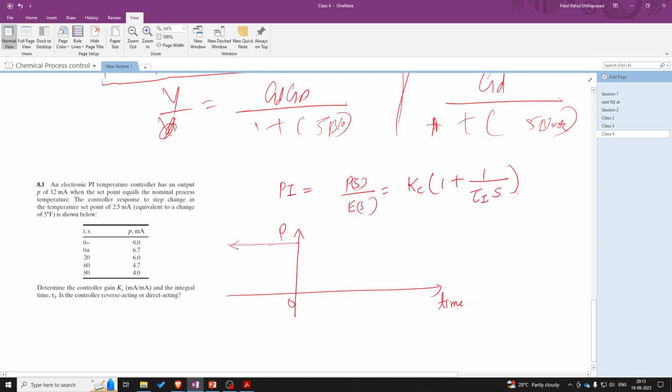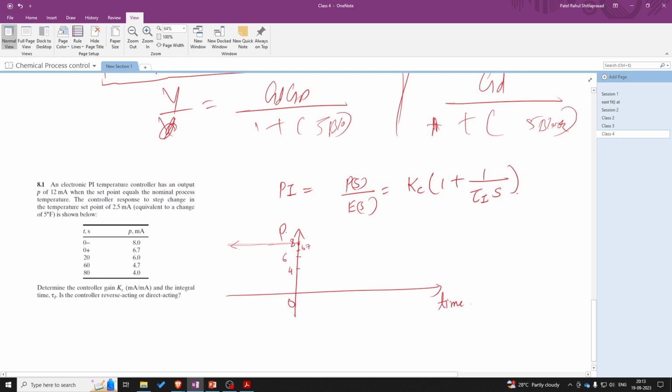In this direction the value is 8. This will become 4, this will become 6. Then at 0 it becomes 6.7, so this will be 7. Over here it will become 6.7.